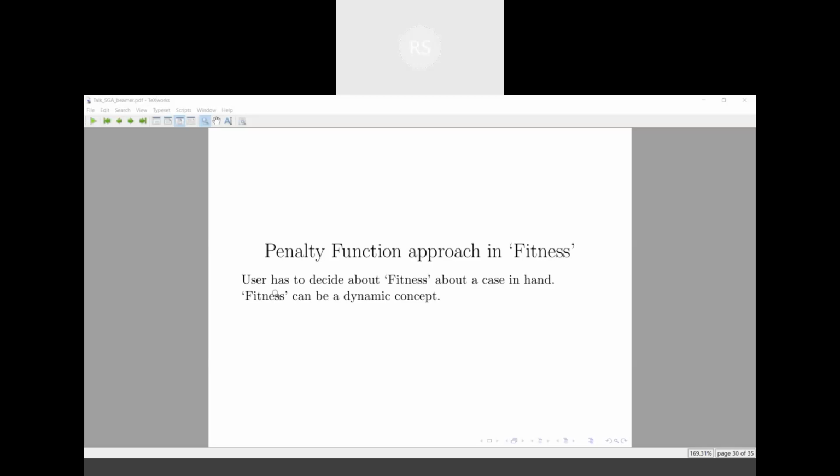Like that, there are many restricting situations, and your candidate is not obeying those restrictions. Then you say, okay, you got this many marks, but I will deduct some marks from you because you are not satisfying this condition. So the penalty function approach has to figure in the fitness. When you evaluate somebody, you also penalize in case the particular candidate is not satisfying some restrictions.